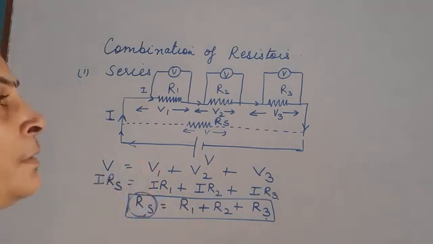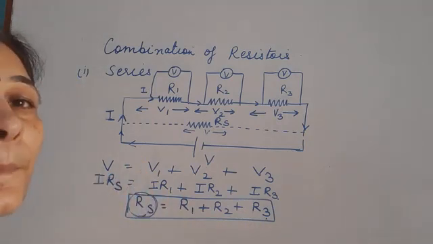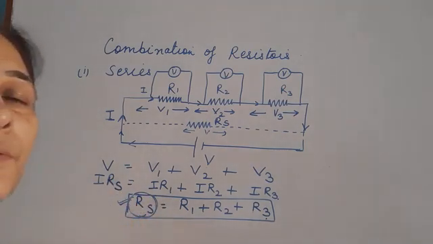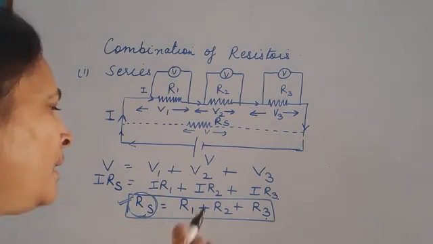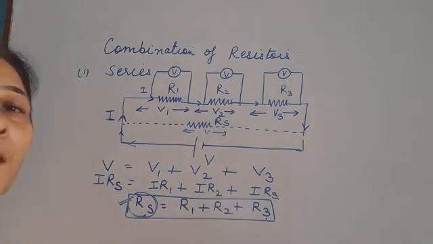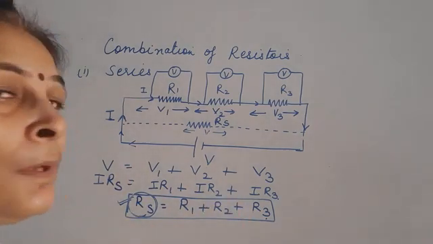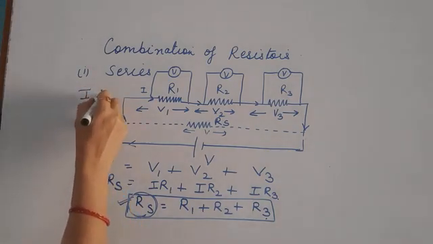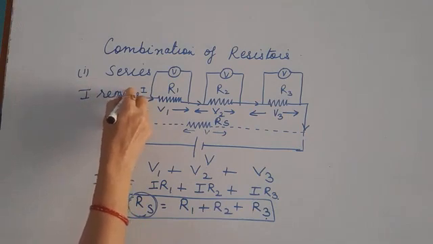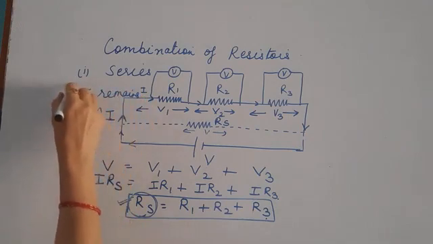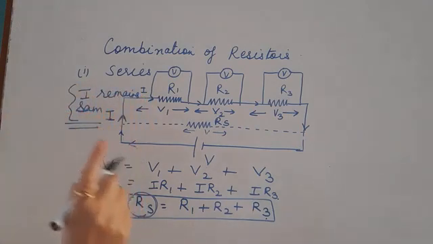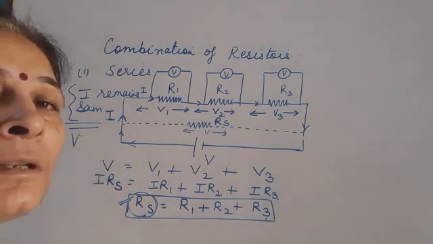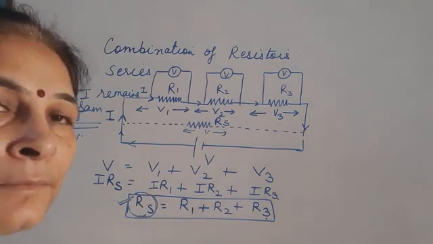So in series combination, the formula which we have derived is that series resistance is simply the addition of R1, R2 and R3. The other thing you have to remember is that current remains the same in series combination, whereas the potential across each resistor will be different.